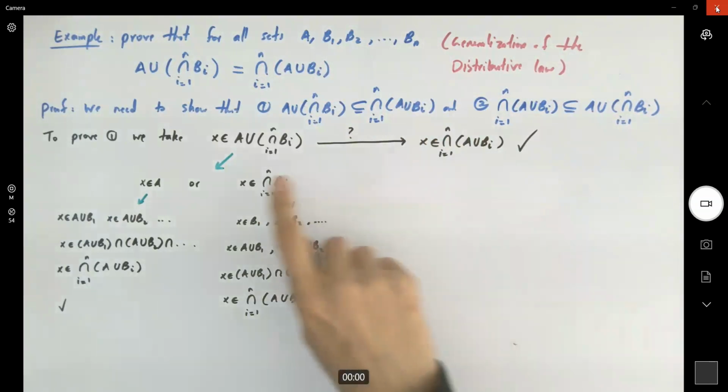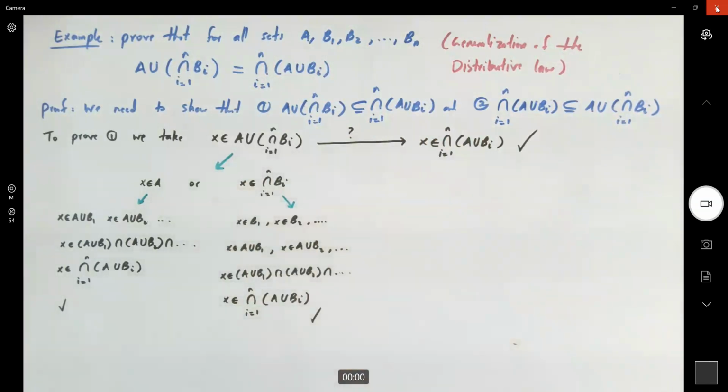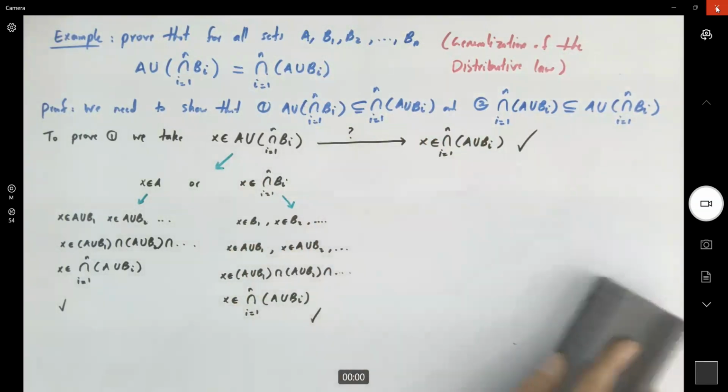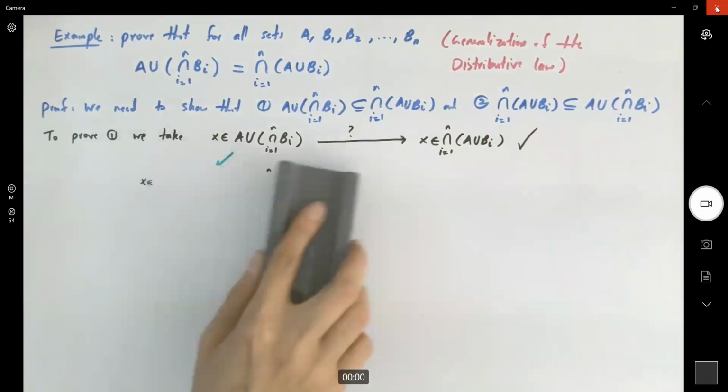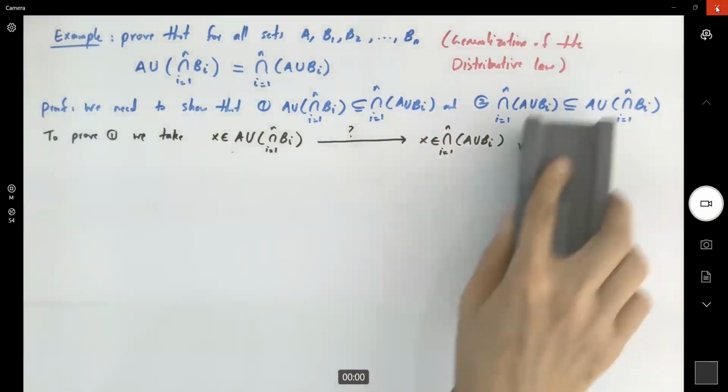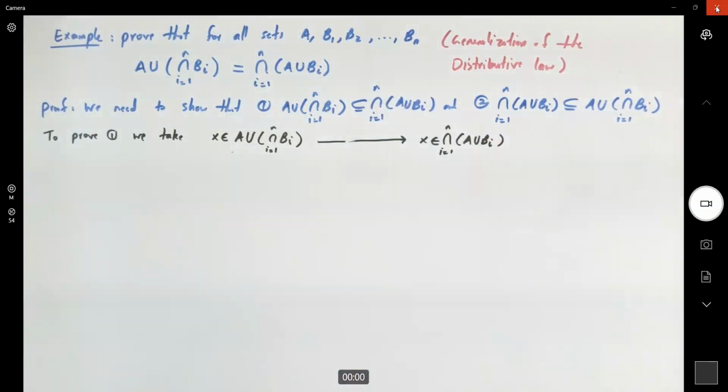So let's see, should I erase the board? Okay, let me erase the board. I need a little bit more space here. So we're done with 1. Now we're going to show 2.